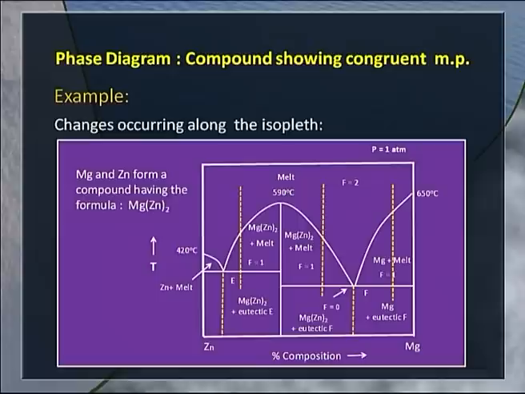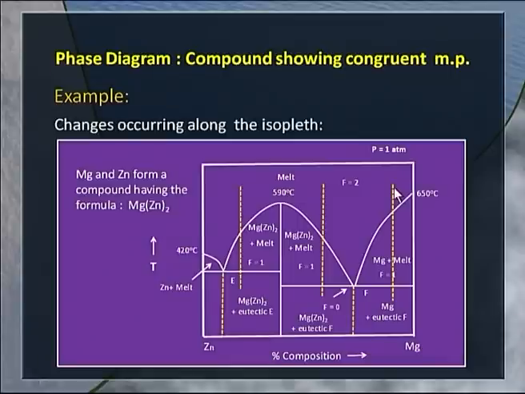There is a temperature halt, but when the melt has completely disappeared from the scene, the temperature decreases. So, you reach the region corresponding to the solid compound plus the eutectic. In this case, the eutectic is different from the eutectic formed in the earlier cooling. The eutectic here corresponds to this composition.